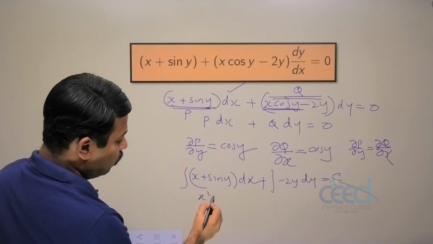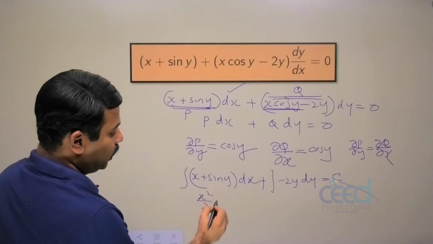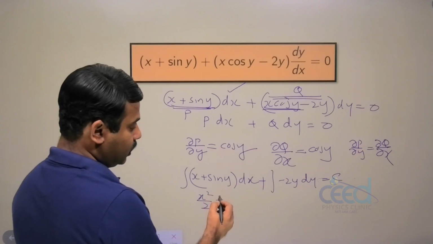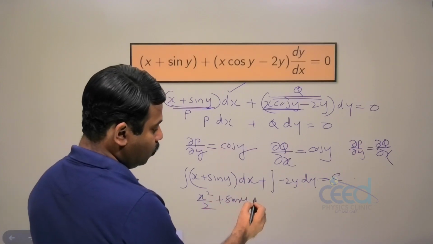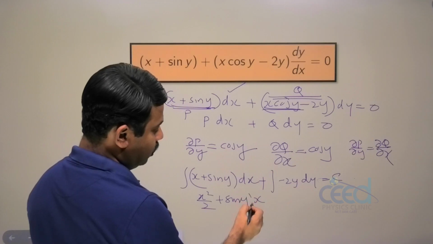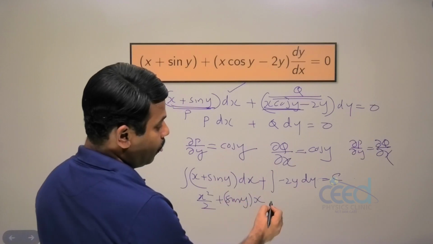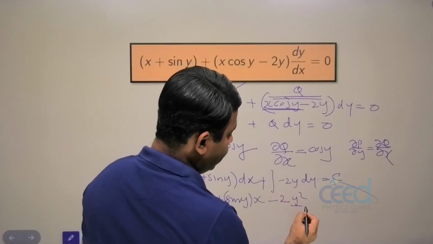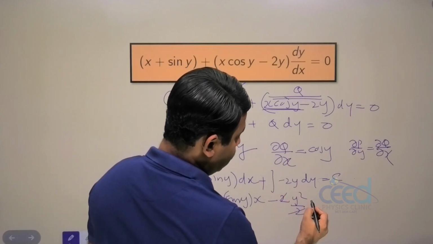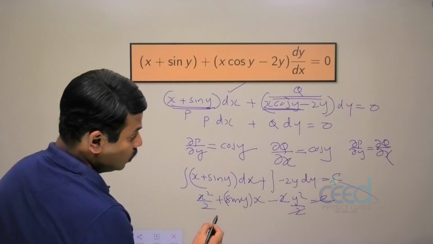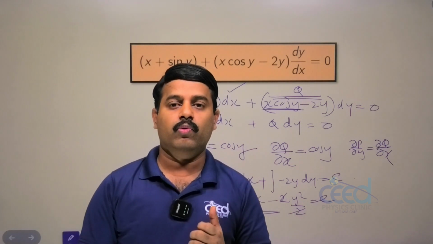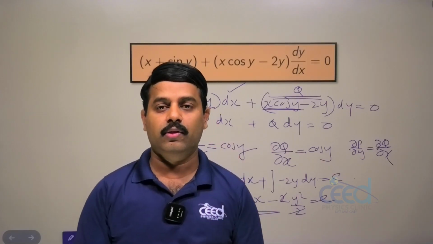Integrating with respect to x, we get x square by 2, sin y is a constant so dx gives x, then sin y into x minus 2 into y square by 2, the 2 cancels, equal to c. So this is the solution. Exact differential equations we solve like this.